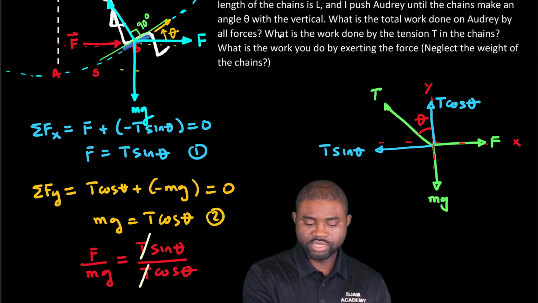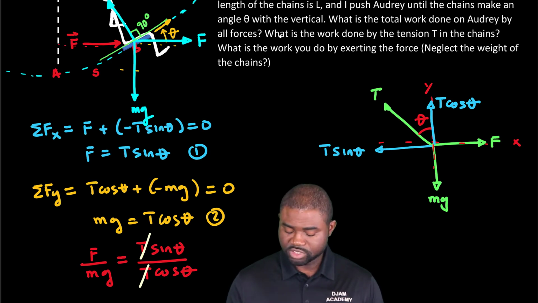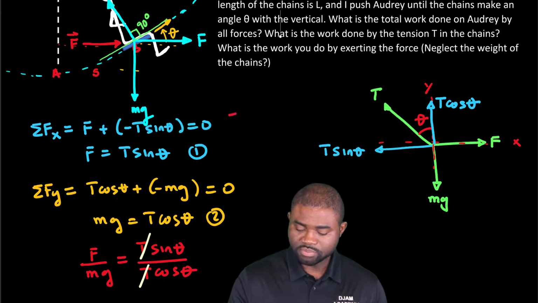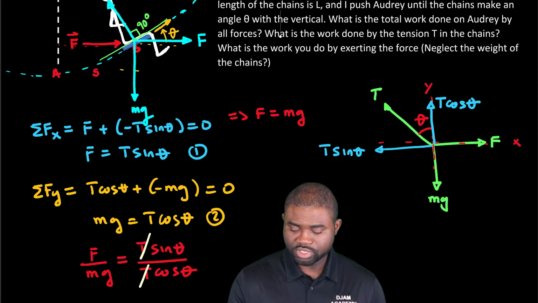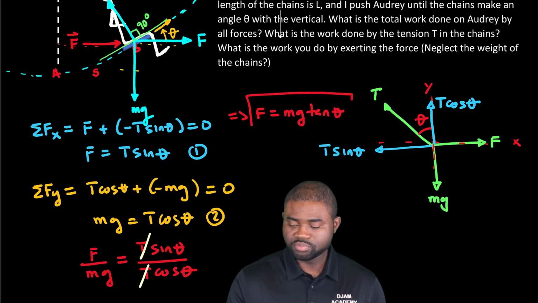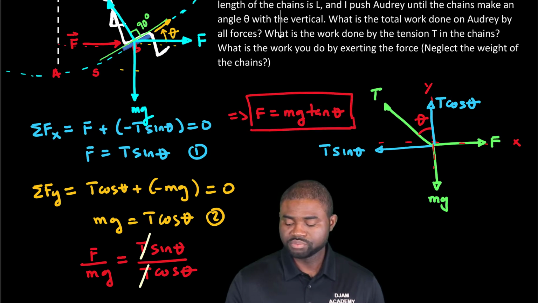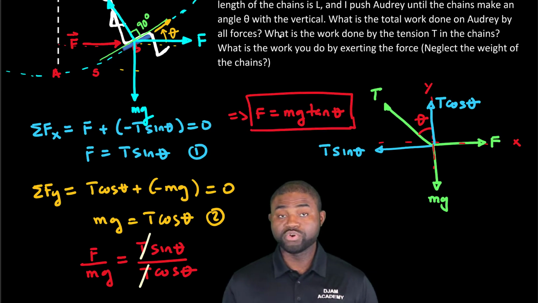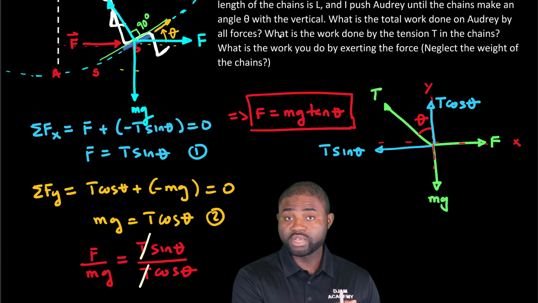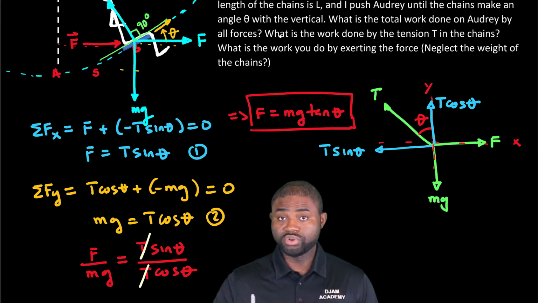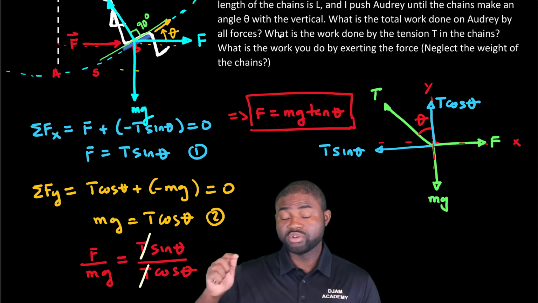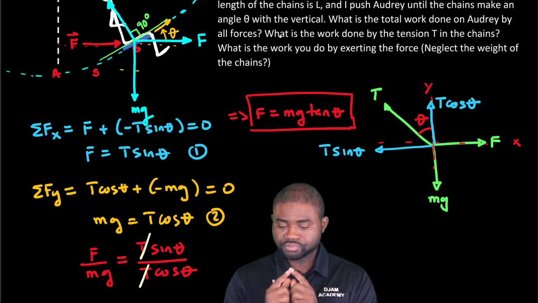Sine over cosine is tangent, so this implies that F is equal to mg tangent of theta. So this gives us the magnitude of the variable force that I apply to pull my daughter very slowly at constant speed to a new height at an angle theta with the vertical.